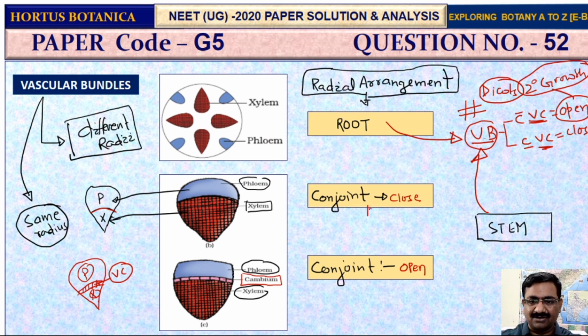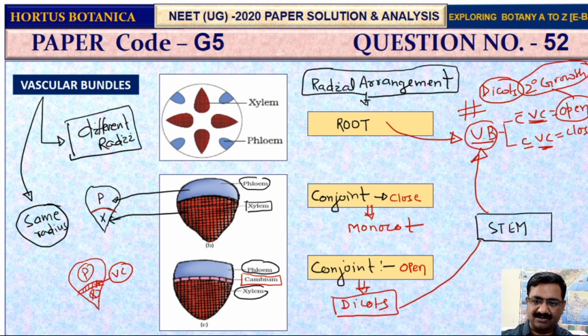So closed indicates that it is the stem of a monocot, and if it is open, it indicates secondary growth will occur, and it is the dicot stem. So it is the dicot stem because it is open, and it is the monocot stem because it is closed.